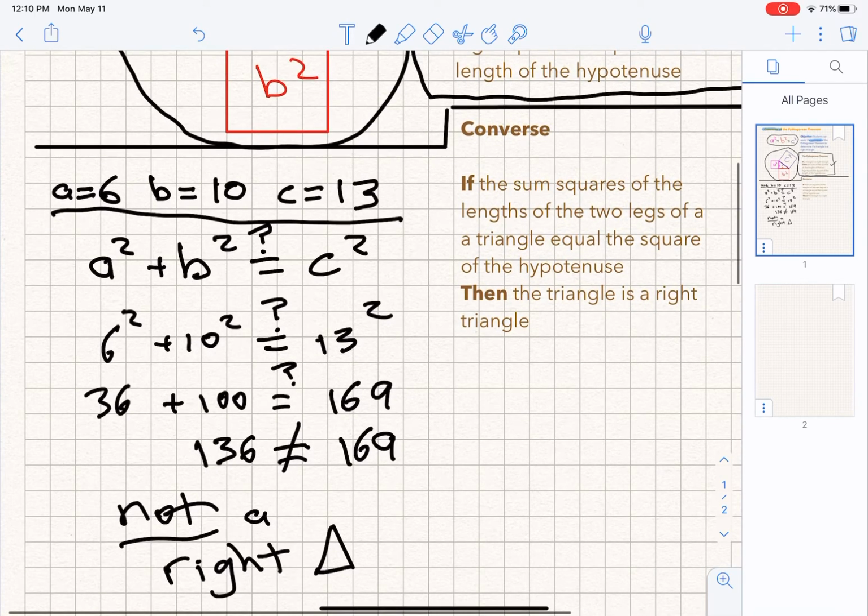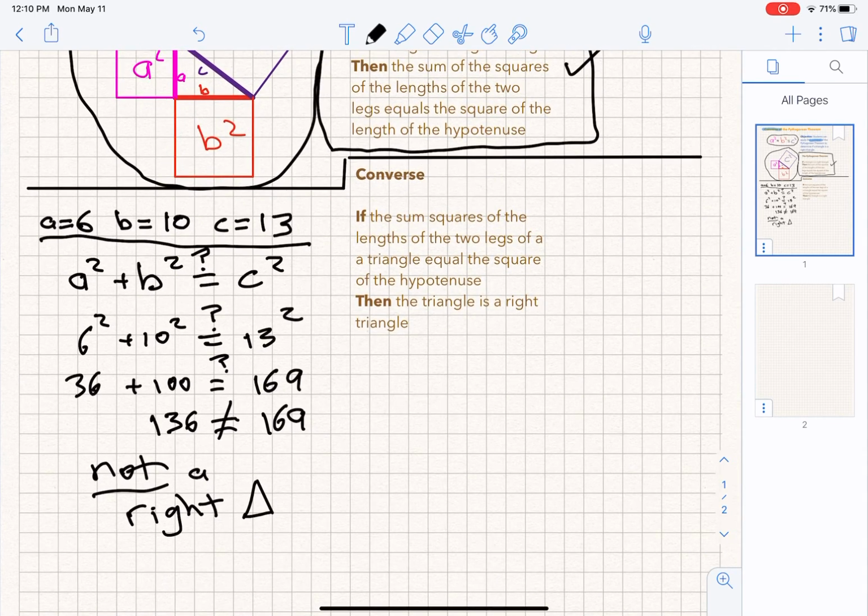All right, so let's look at another scenario. Let's say, just for fun and games here, that A is, let's keep A at 6, but let's put B at 8 and C at, say, 10. And we want to know whether those three side lengths that we've been given form a right triangle. And once again, this is essentially all you'll do for this lesson: you're checking it out.